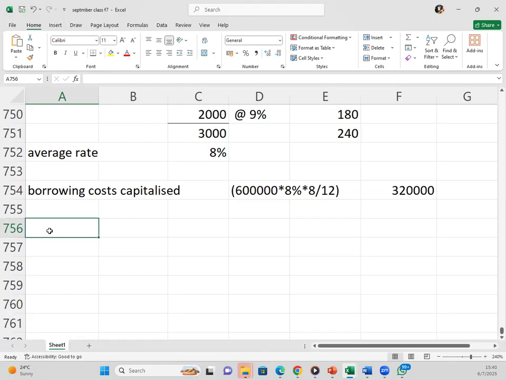So enough with that. What's the standard for the day? That's IFRS 9. So IFRS 9, what is this about? This is a standard which tells us how we record an investment in financial instruments.